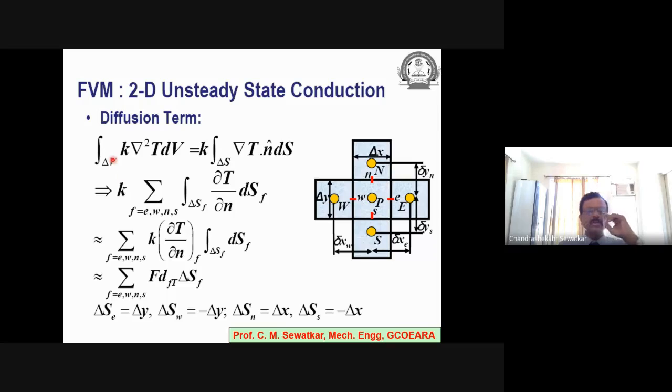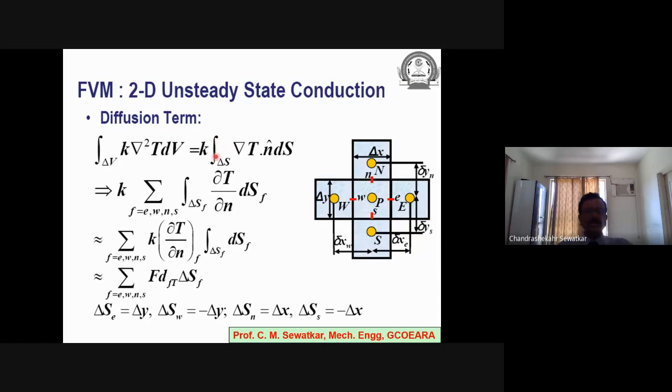So integral over delta V of k grad square T dV is the representation in the integral form. K is assumed to be constant. It is taken out of the integral sign, and then the volumetric integral is converted into a surface integral. When we convert it into a surface integral using Gauss divergence theorem, one of the grad goes away, and the volumetric operator changes to a surface operator.